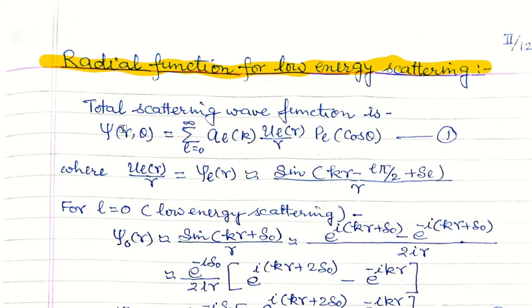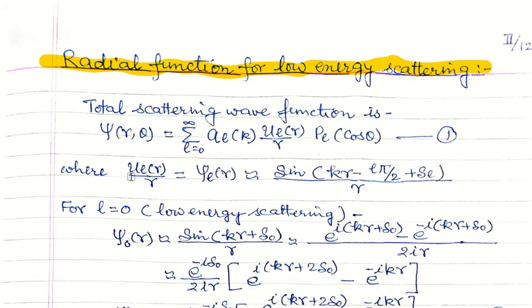In previous lectures, we have seen that the total scattering wave function psi(r, theta) is given by this expression: psi(r, theta) is equal to the sum over L from 0 to infinity of A_L (u_L(r)/r) P_L(cos theta), where this u_L(r) is called the radial wave function. So we have to evaluate the value of this u_L(r) for low energy scattering.